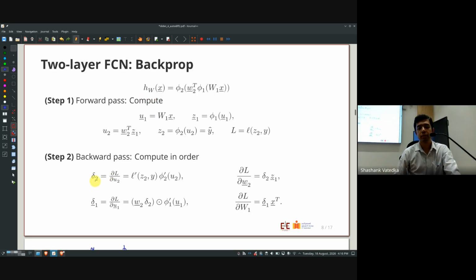So let's write delta 2 to be the partial derivative of L with respect to U2. In this case, U2 is a variable, it's not a vector.